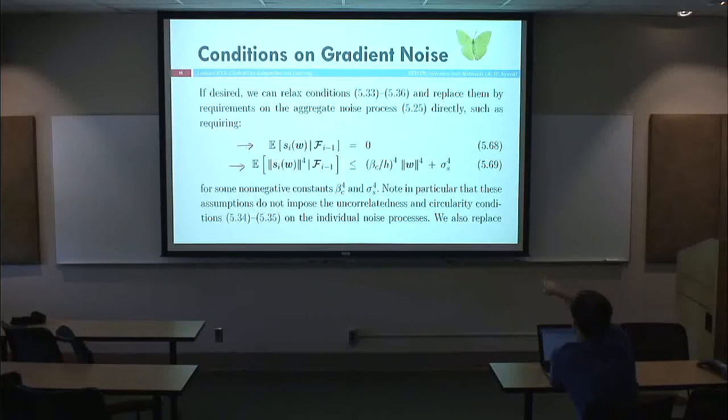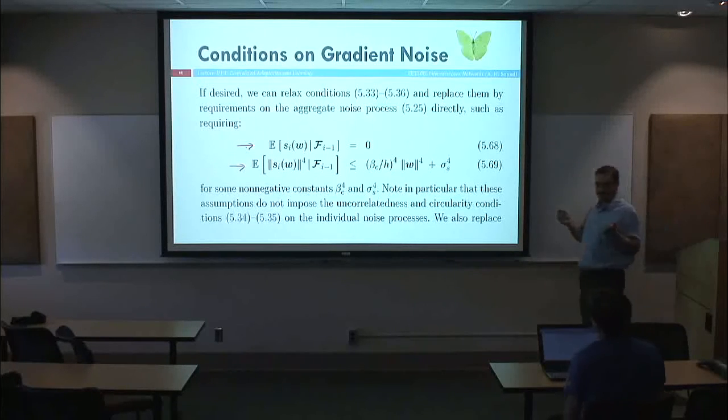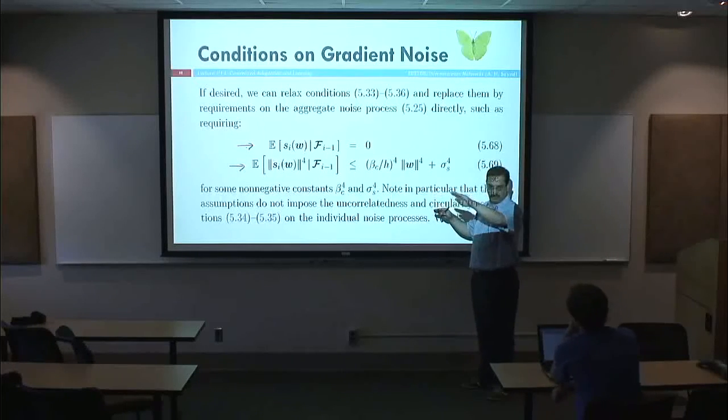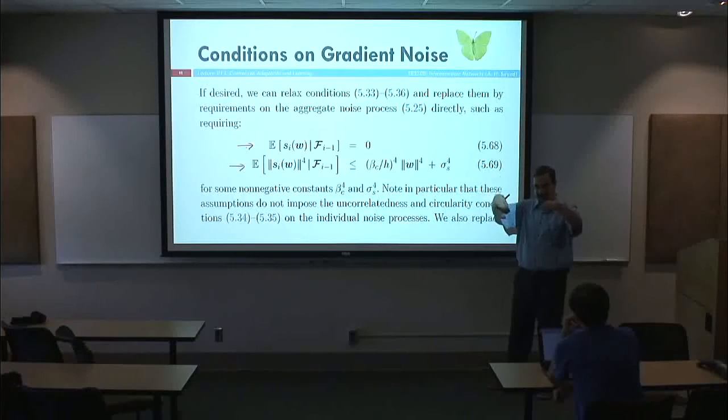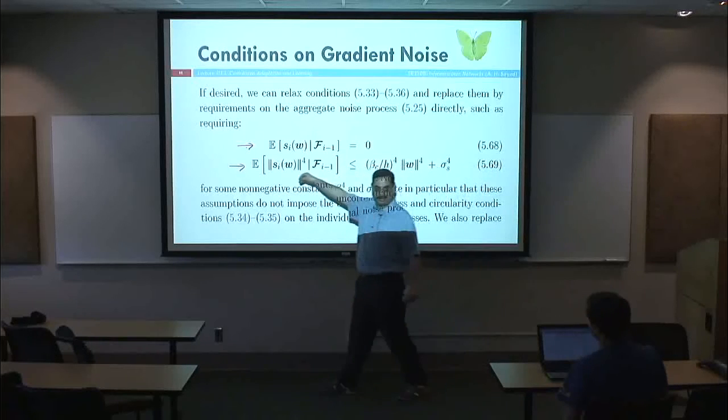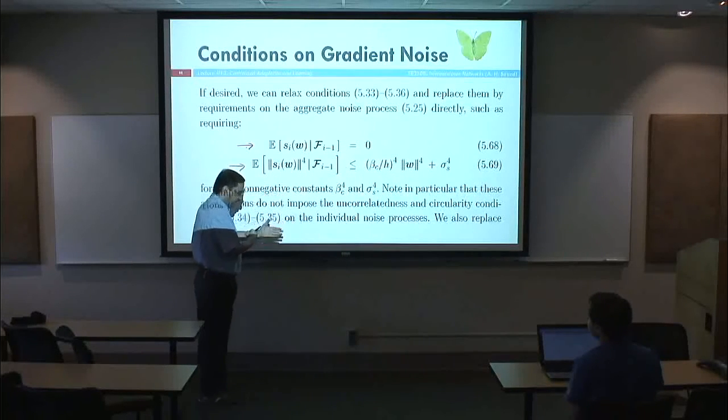Yeah. When we make these assumptions, we implicitly say that they are uncorrelated. No, it doesn't necessarily mean that, right? That's what I'm saying. If you want to do away with these conditions that they are uncorrelated and circular, then introduce the assumptions directly on the aggregate noise, right? Then it becomes a standard stochastic gradient algorithm.